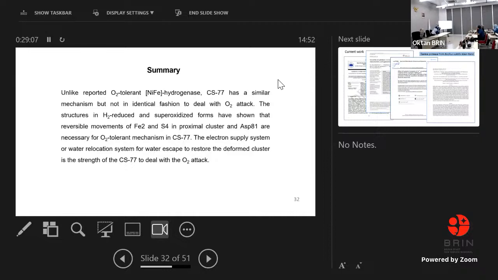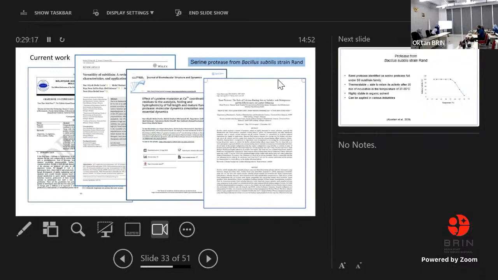This is one of the strengths of S77 in dealing with oxygen attack, and it becomes not really oxygen sensitive. So that is the first project.